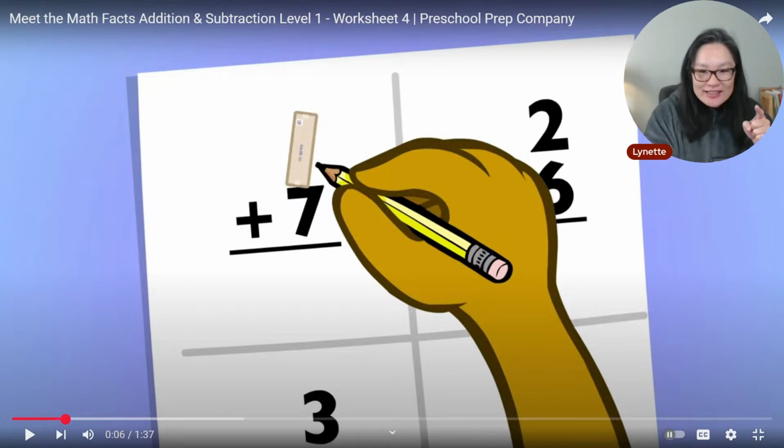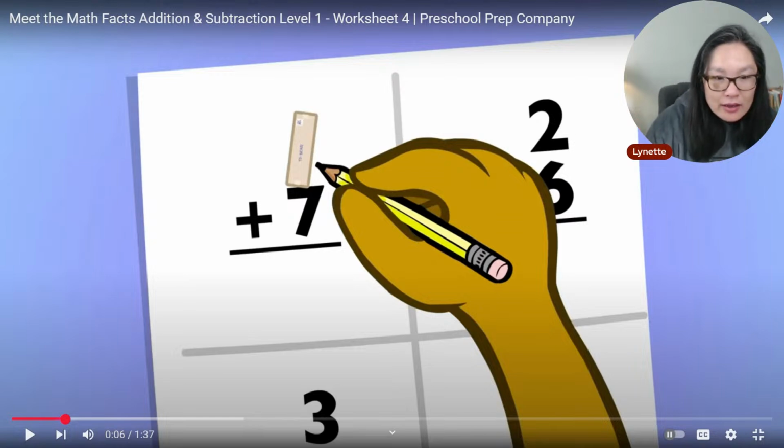If you noticed, we have 1 plus 7. So 1 plus 7 will be 8. How do we know?